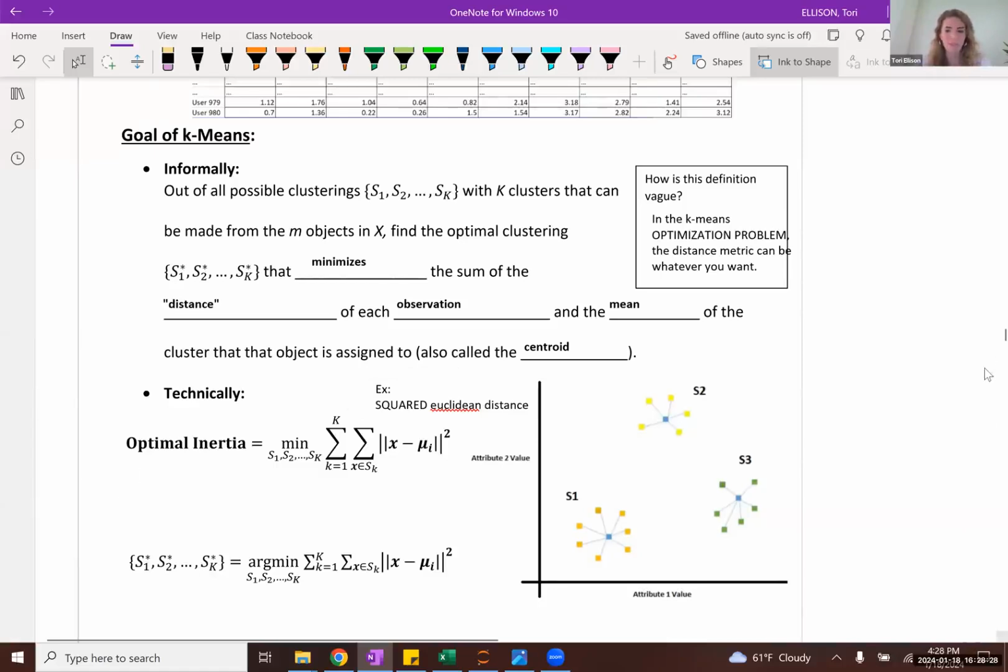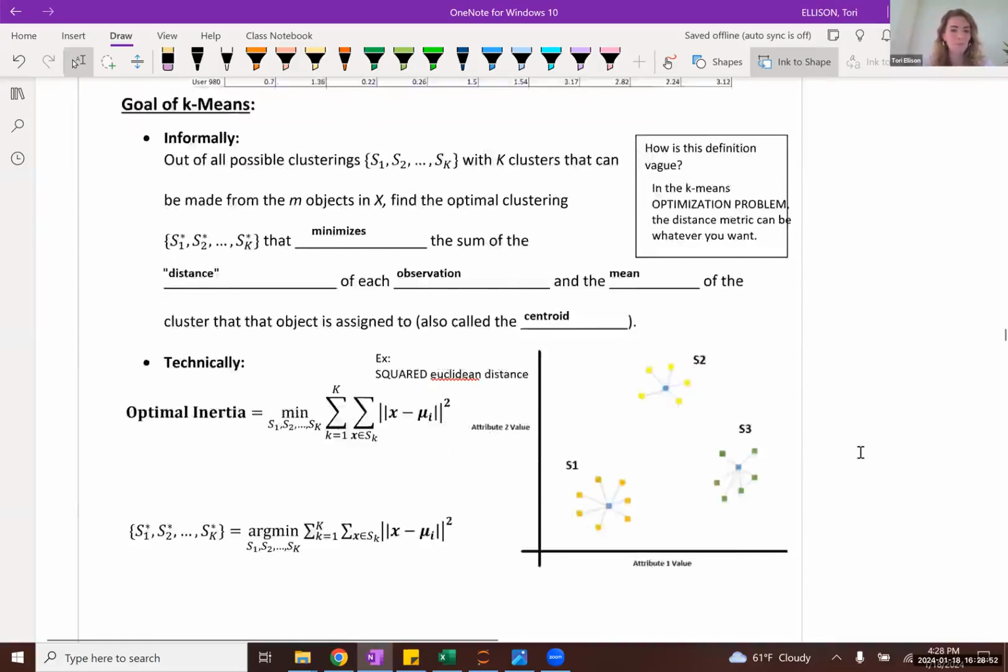But basically, in every optimization problem, there's some function that we are trying to minimize. We call that the objective function. In k-means, we call that the inertia. So it's the sum of the distances of each observation to their assigned cluster centroid. Okay? Questions on that?